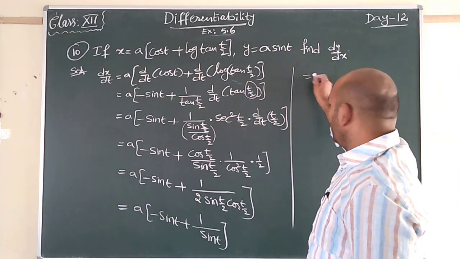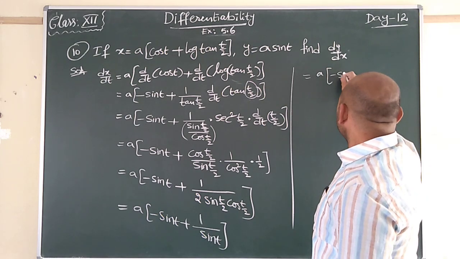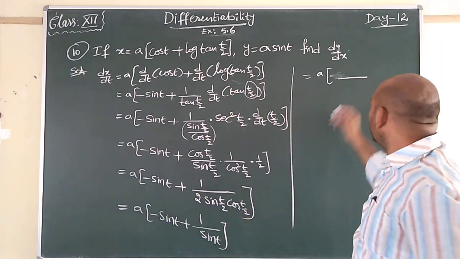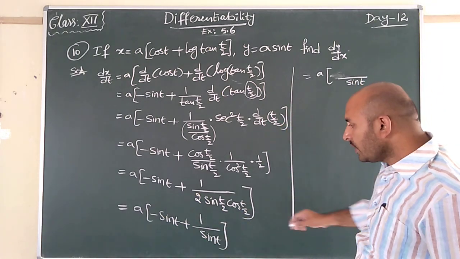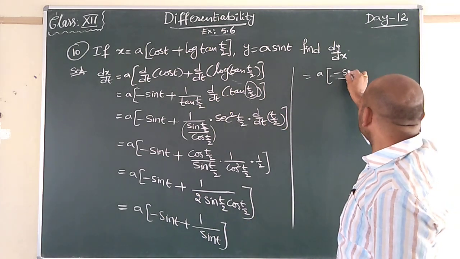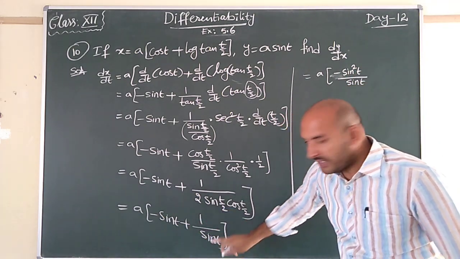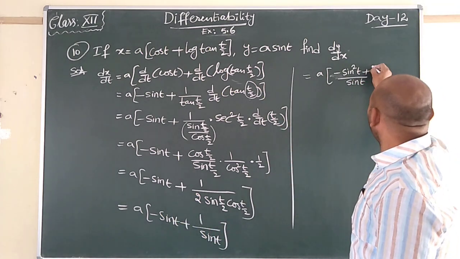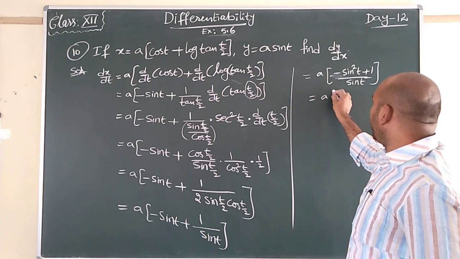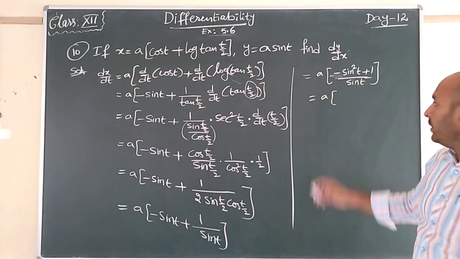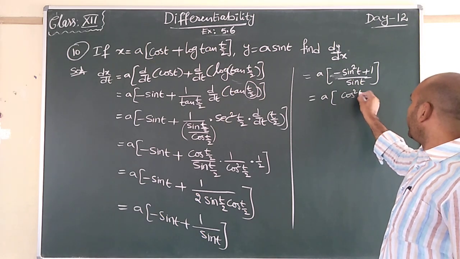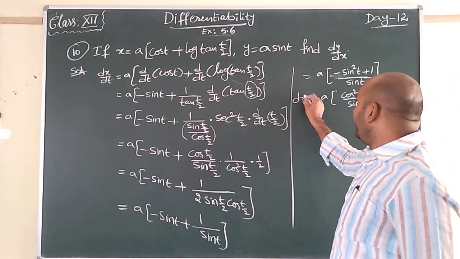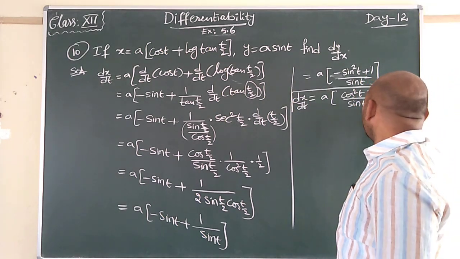So it is equal to a into minus sin t plus 1 by sin t. Taking the LCM, which is sin t, we get a into (minus sin square t plus 1) divided by sin t, which is a into 1 minus sin square t, that is cos square t, divided by sin t. This is the dx by dt value.